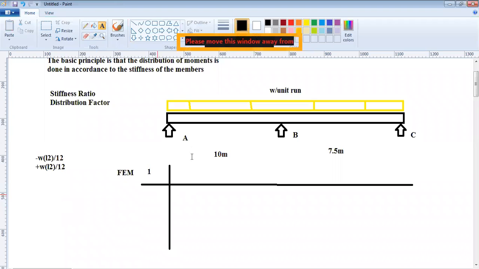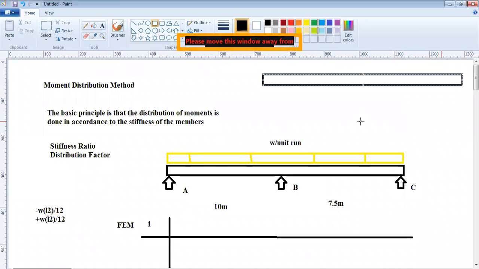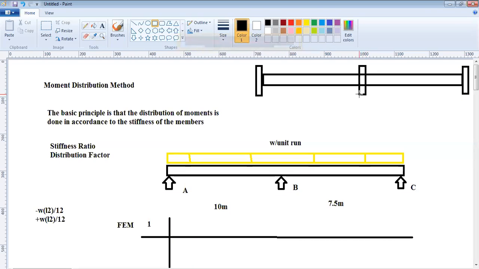Now each end of this is getting fixed. Let me draw what will happen when each end of this is fixed. This end is fixed, this end is fixed, and B is also fixed now. All three are fixed now.